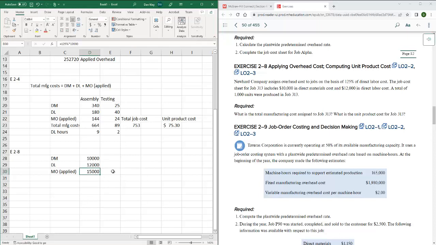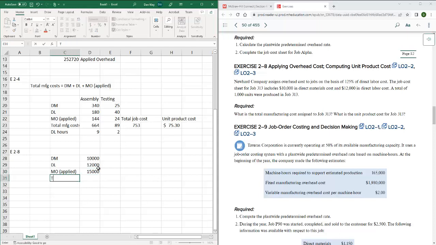I'm applying $15,000 in overhead to that job. Another way we can think of that rate is for every dollar in labor cost, we're applying $1.25 in overhead. It's certainly not uncommon in practice to see overhead rates that are based on a percentage of cost rather than necessarily a dollar amount per some volume measure per hour and so on.